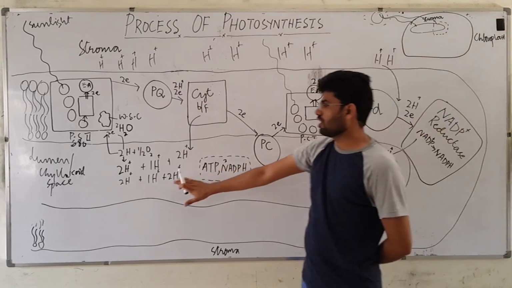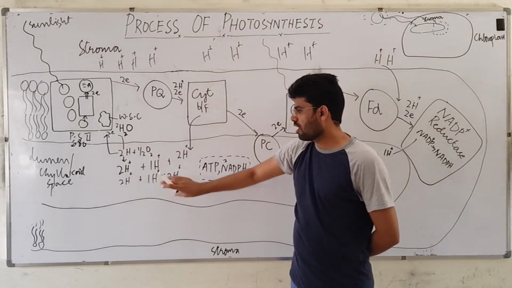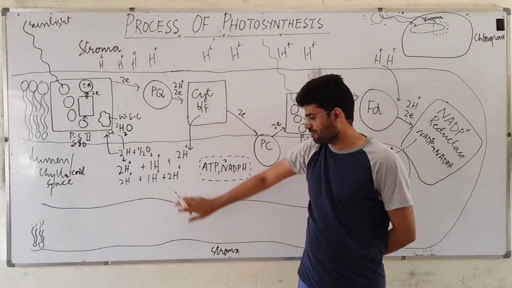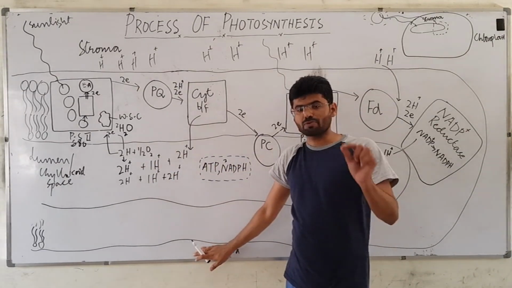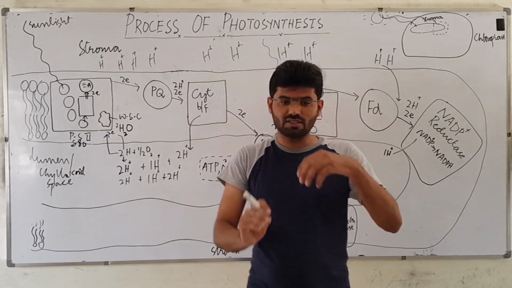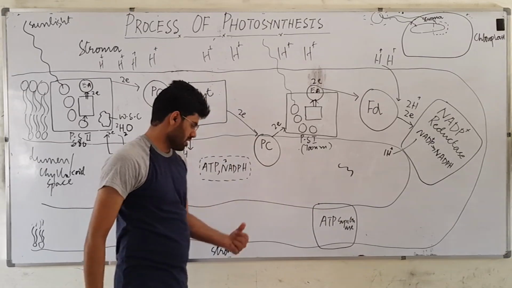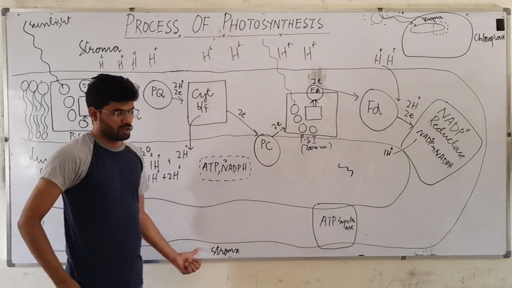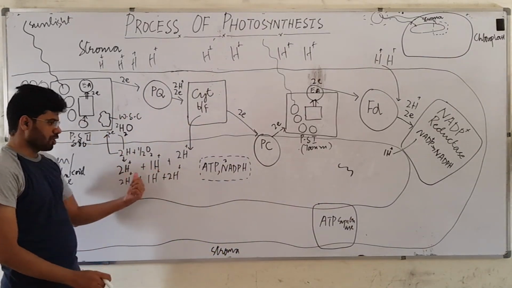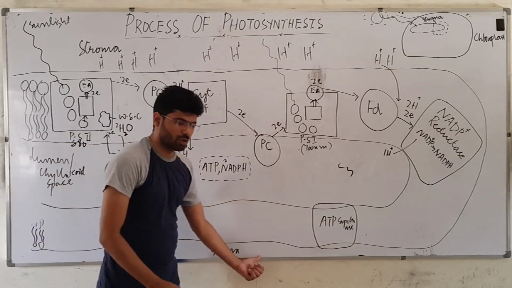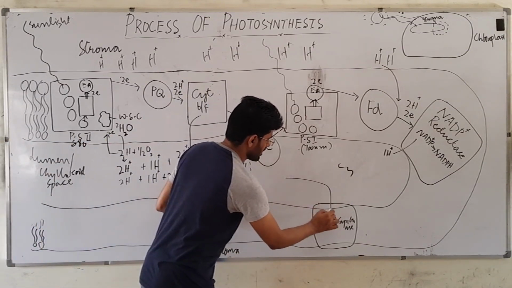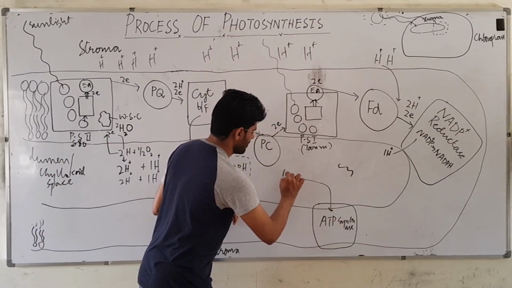Now, these 10 protons will try to move out of this lumen into the stroma, because proton ions live at this place. So, they will move from this lumen to this stroma by this ATP synthase.